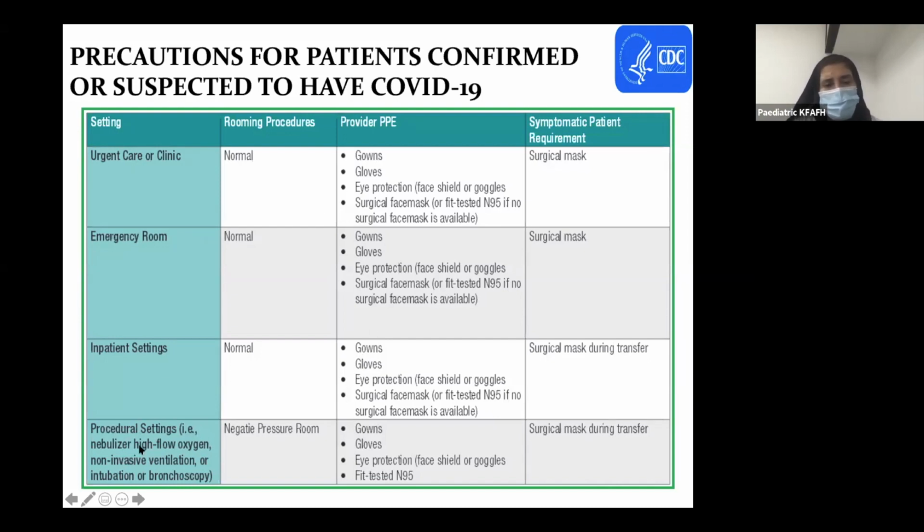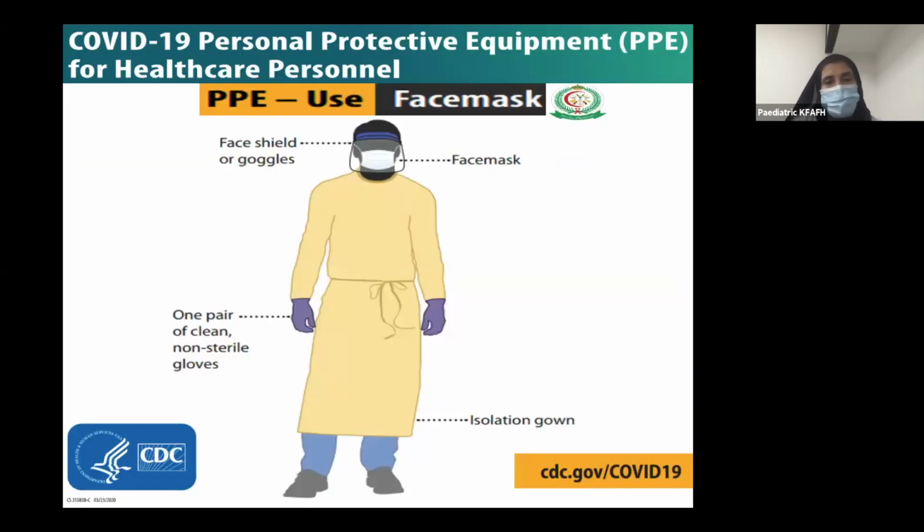But if there is an area where a procedure is going on that causes aerosolization, or the patient is admitted in a negative pressure room because of disease severity or illness requirement, then we should wear an N95. This is what is required.